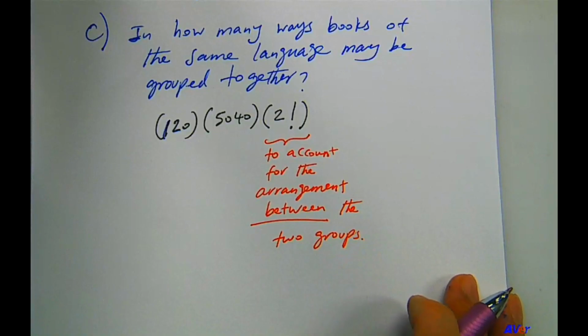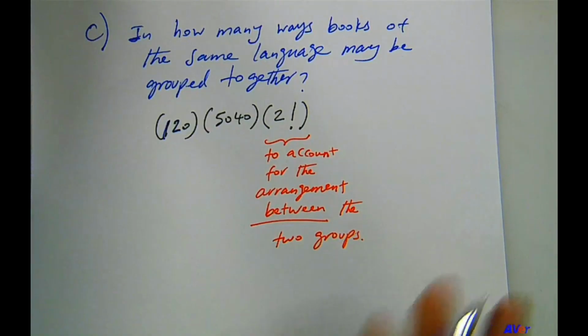If you had 8 groups, within each group you have a certain number of books, so you take the factorial of the number of books within each group for all permutations within each group, and then you would multiply it by the factorial of the number of groups that you have. So if you have 8 groups, all of that times 8 factorial. If you have 11 groups, all of that times 11 factorial, and so on and so forth.